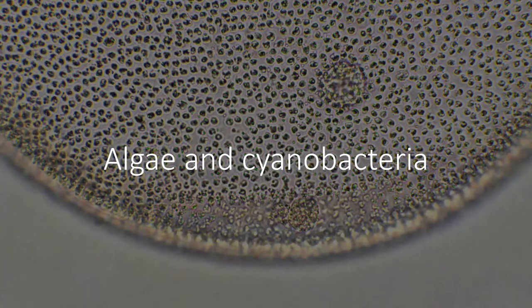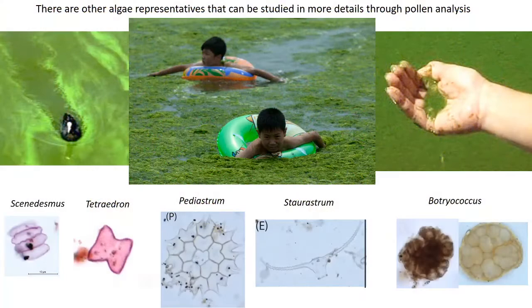Within the non-pollen polymorphs, let's see what is under the algae and cyanobacteria. Well, commonly diatoms and algal pigments have been analyzed in paleolimnological studies, but there are also other phytoplankton representatives such as Scenedesmus, Tetraedron, Pediastrum, Staurastrum, Botryococcus, and cyanobacteria that can be studied in more detail.